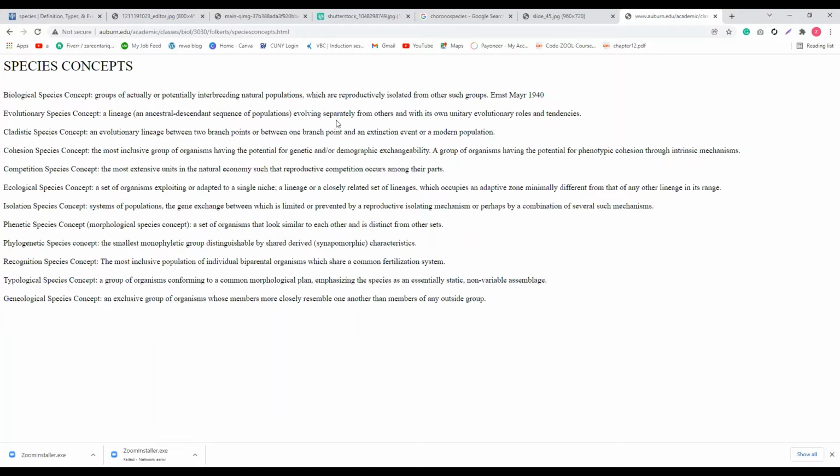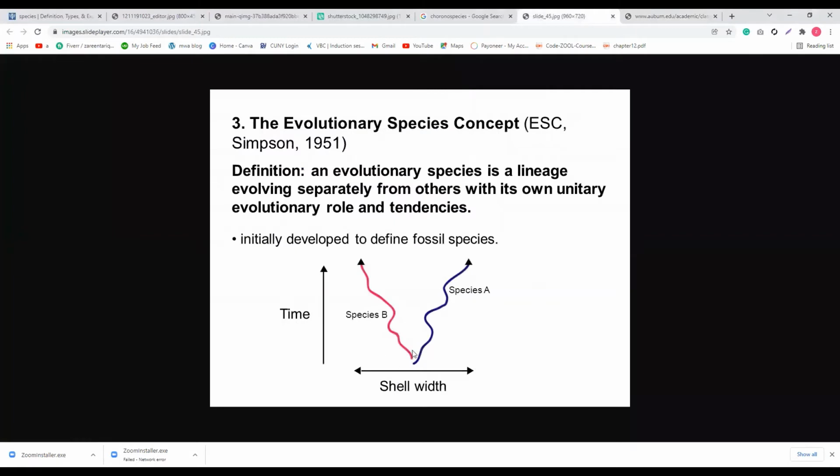So what is a lineage? The ancestral-descendant sequence of a population is termed a lineage. When we see this slide, you can see this is a lineage, ancestor to descendant, evolving over time. This is another lineage.